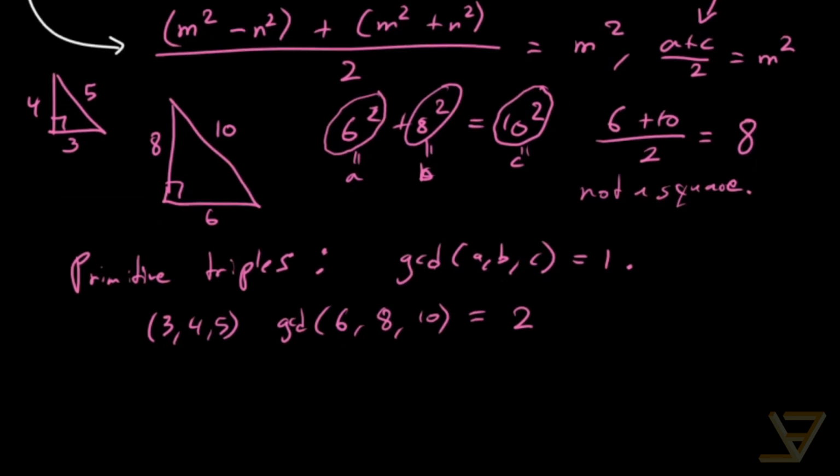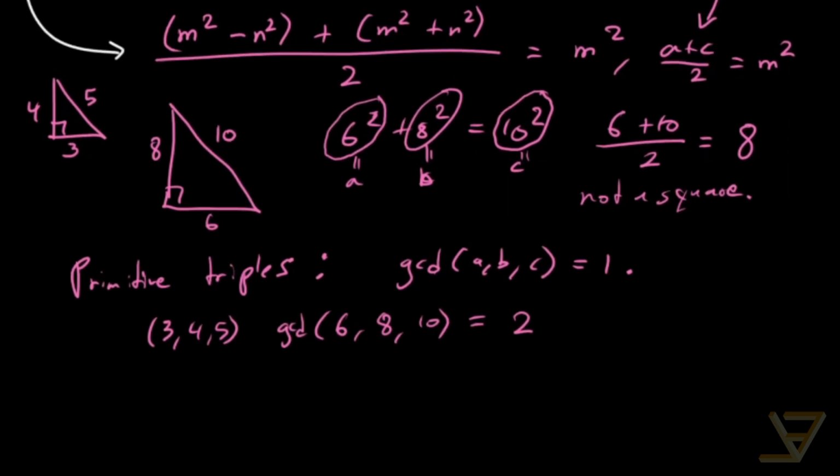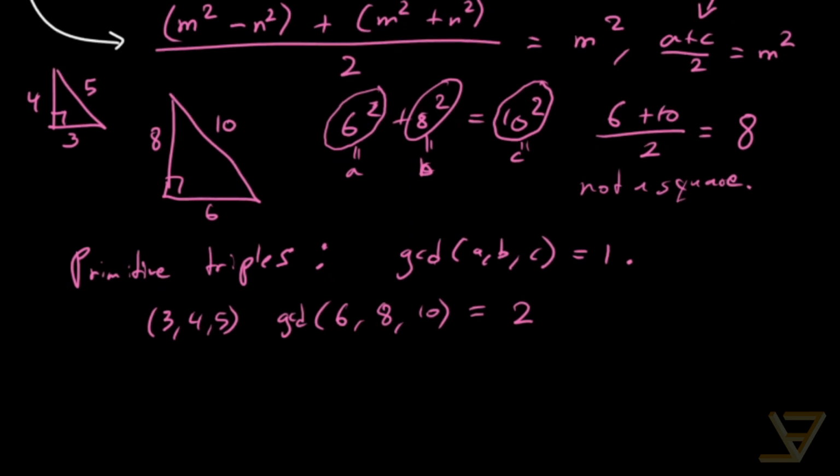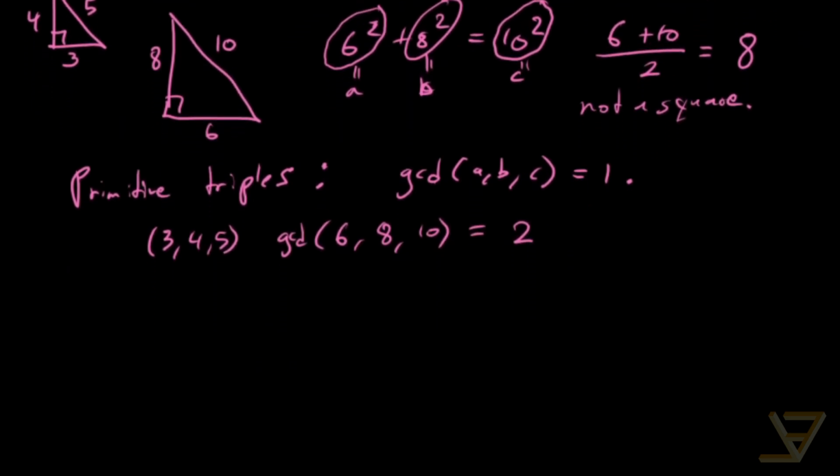What we're going to do is, I'm not going to prove this because I've gone through the proof of this characterization a couple of times and it's just brutal. But I'm going to tell you what the characterization is of all primitive triples.